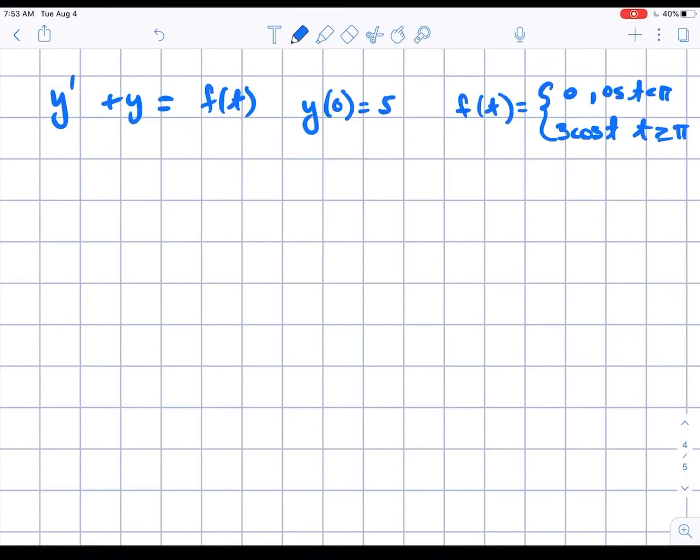Another thing here is you could write this as 3 cosine t and then that unit step t minus pi. So that is one thing that you have to do.